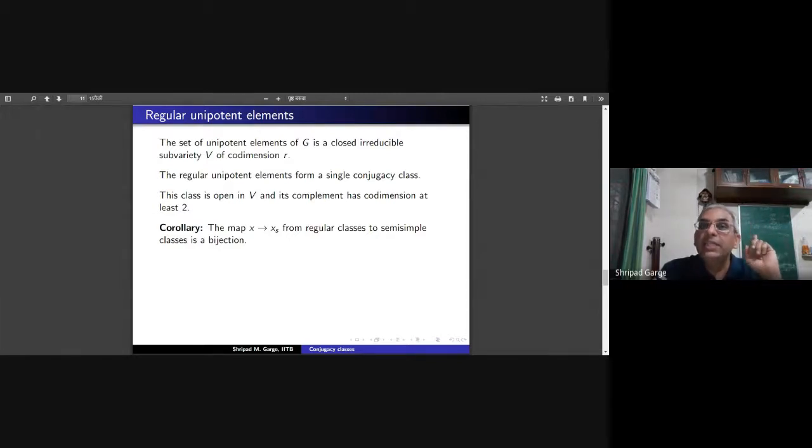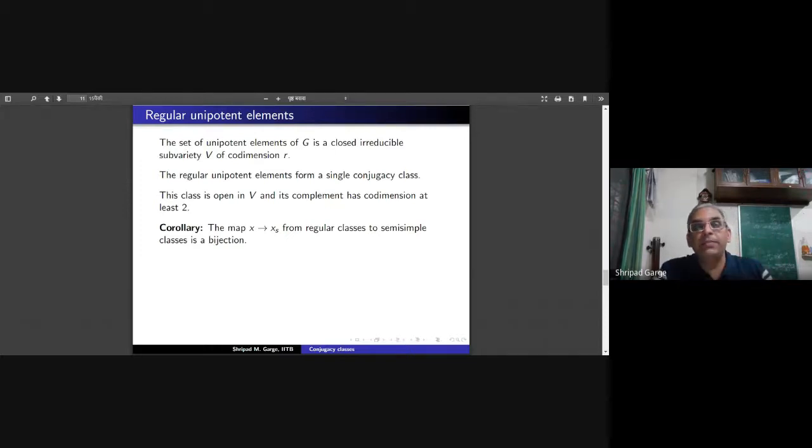Its codimension is r, which means its dimension is n minus r, if n is the dimension of the group G. So it is an irreducible variety of codimension r in the group G, the set of unipotent elements.